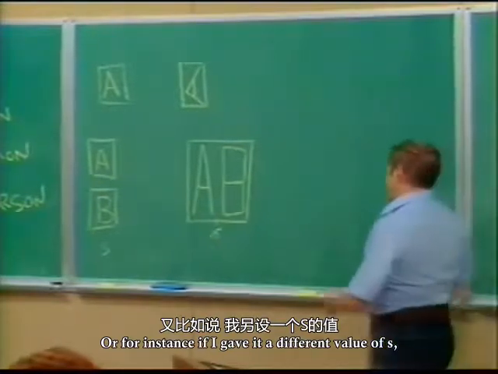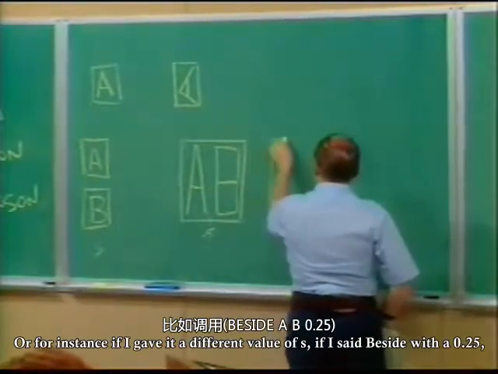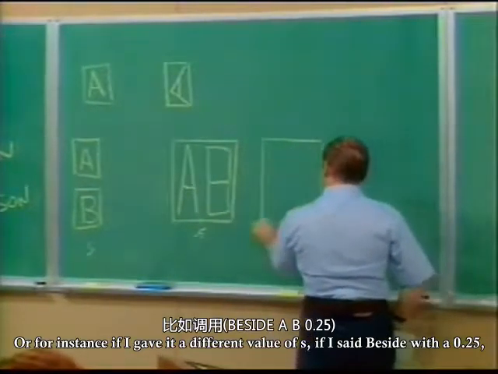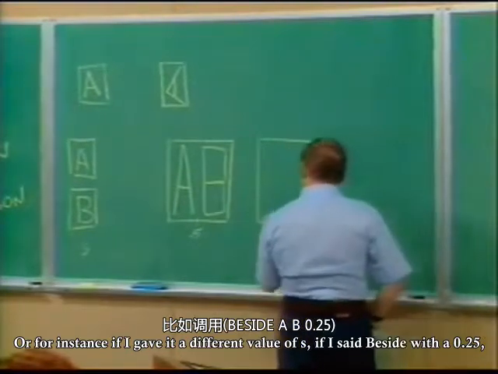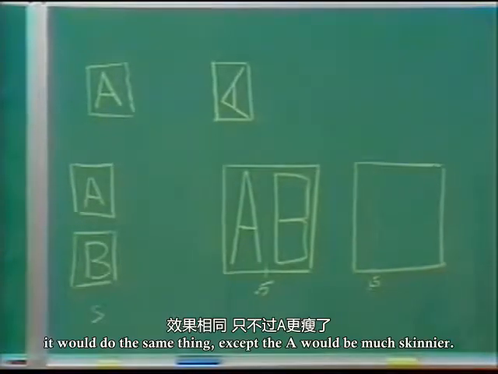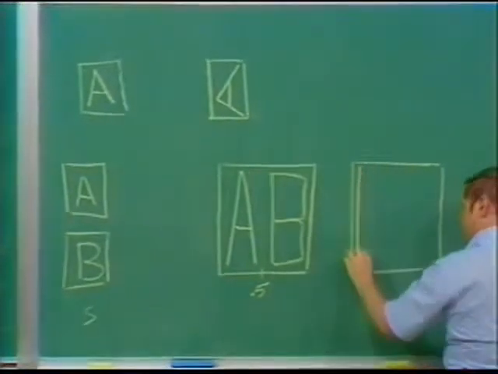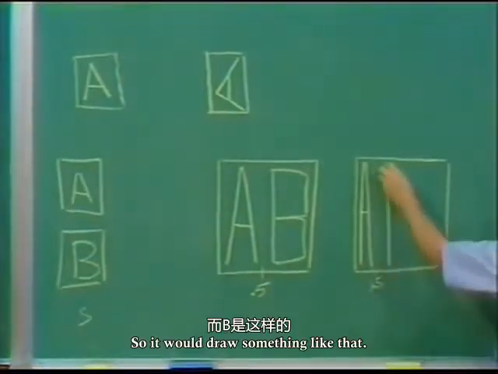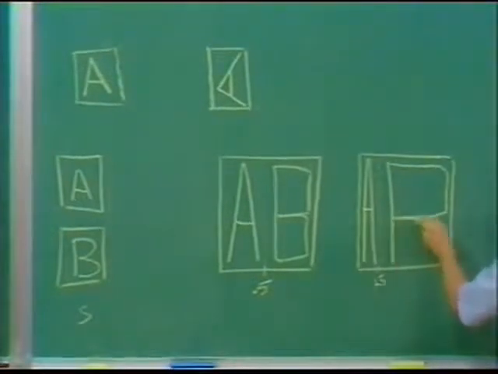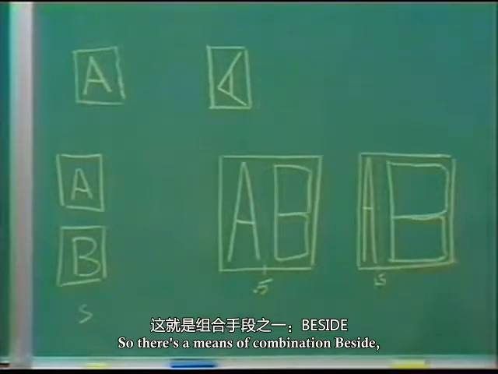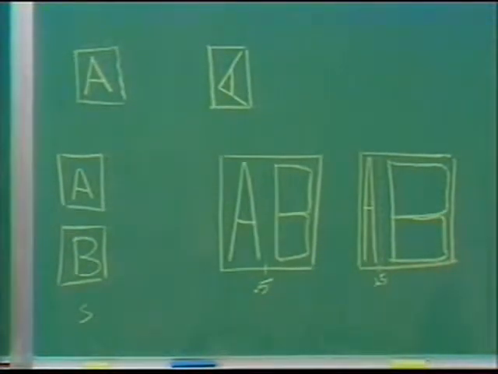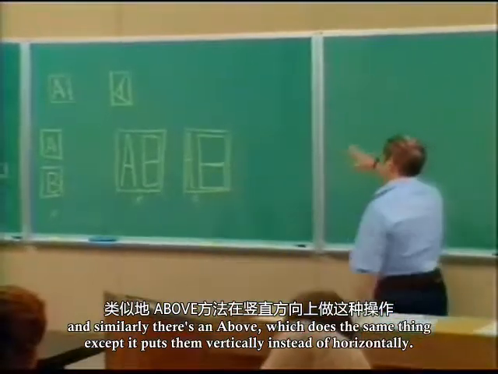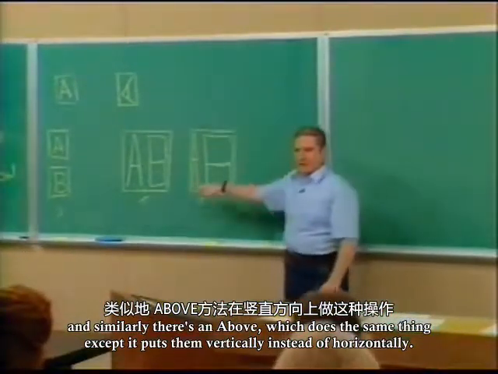Or for instance, if I gave it a different value of S, if I said beside with 0.25, then it would do the same thing, except the A would be much skinnier. So I would draw something like that. Okay, so there's a means of combination beside. And similarly, there's an above, which does the same thing, except it puts them vertically instead of horizontally.